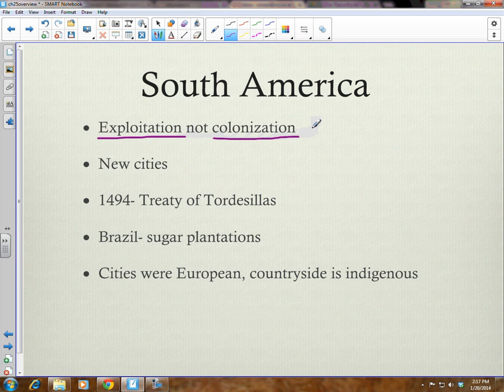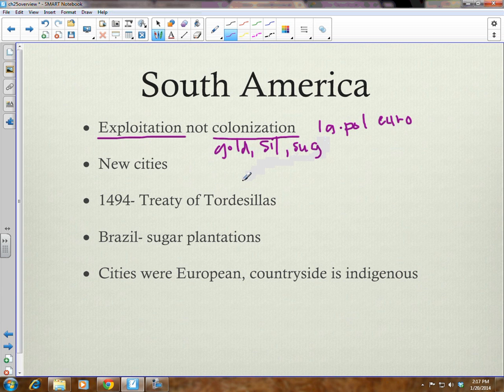The Spanish weren't very concerned, and the Portuguese weren't very concerned with getting large populations of Europeans in these places. They were more concerned with procuring different goods: gold, silver, sugar, etc.